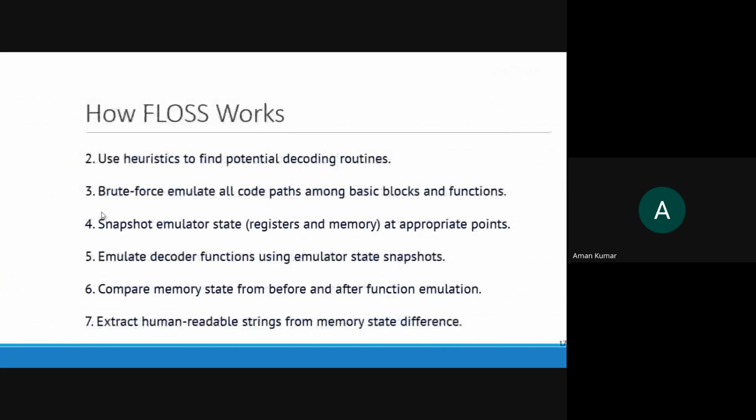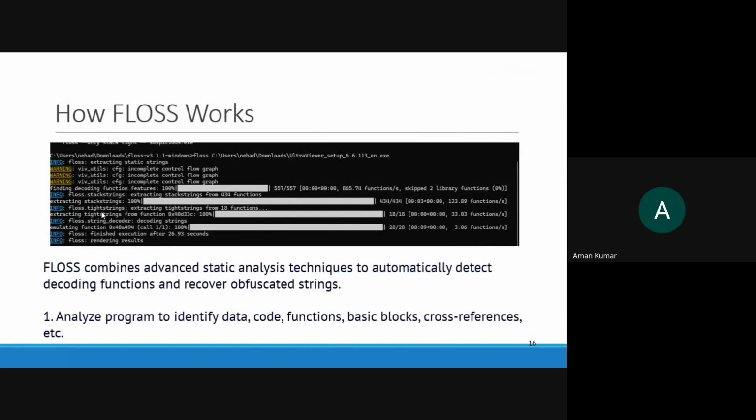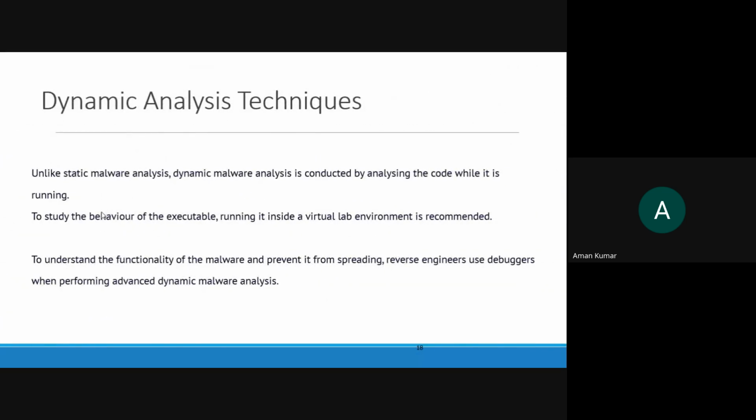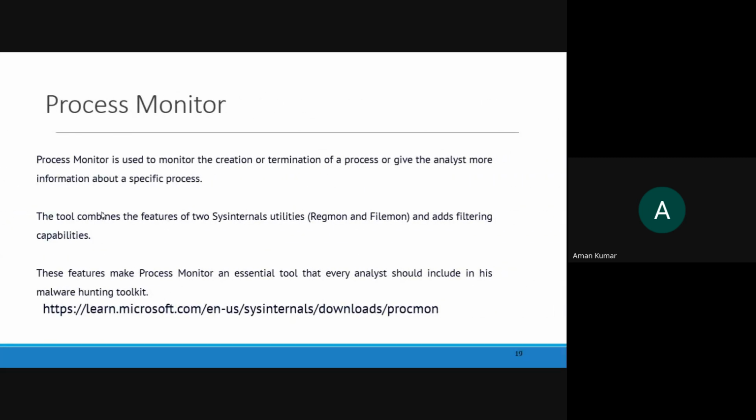We need to have knowledge of machine learning and how it actually works. We understood these seven steps, and thereafter moved to dynamic analysis tools, in which the first tool we saw was the malware hunting toolkit, Process Monitor.